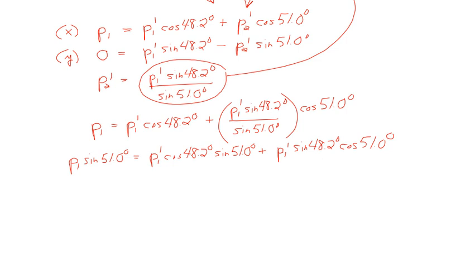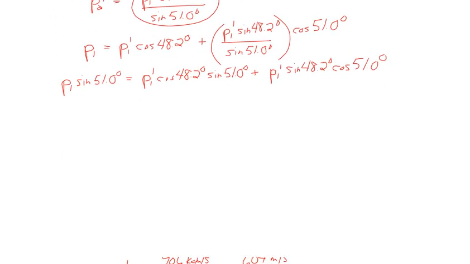So P1 prime is going to equal this, P1 sine of 51 degrees, divided by all of this.